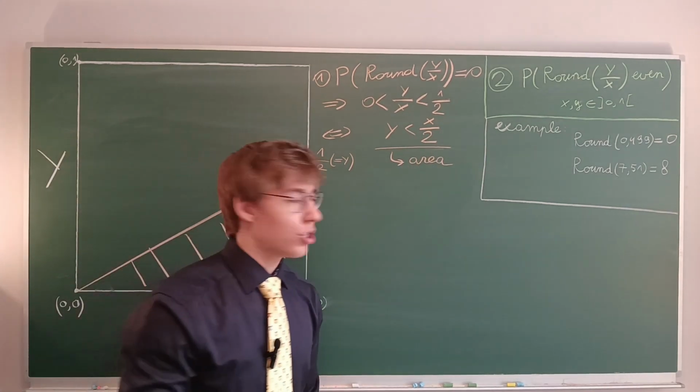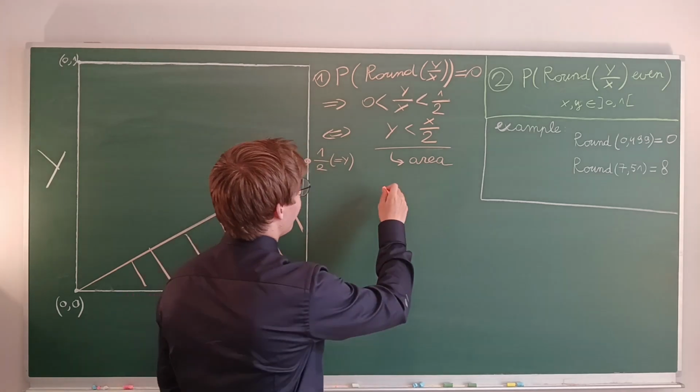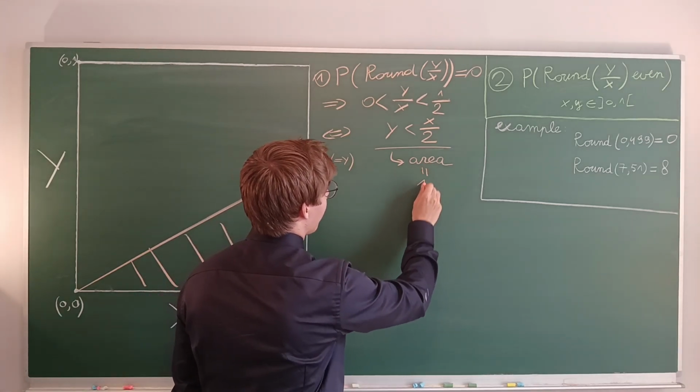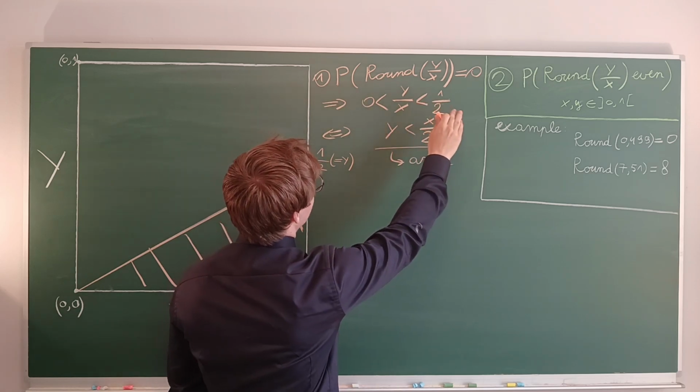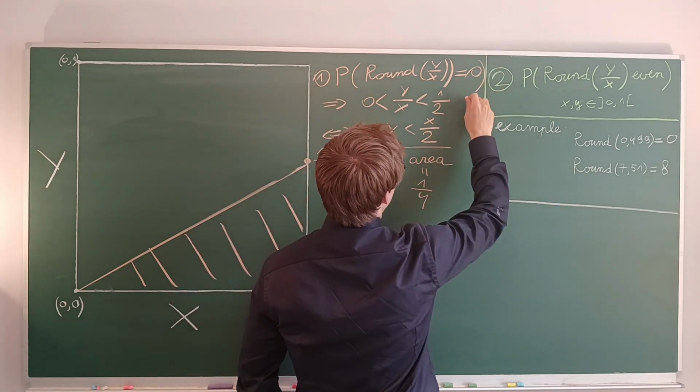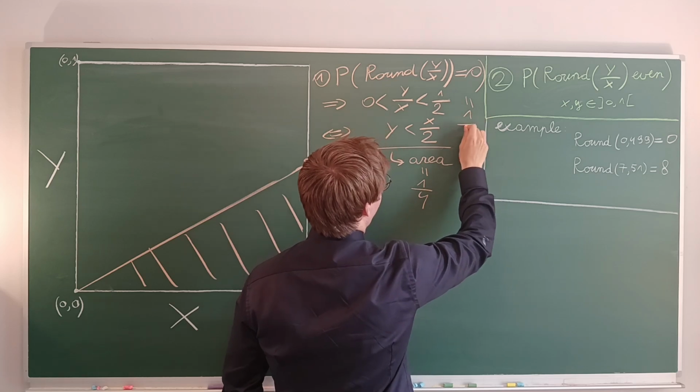Now this area is just equal to 1 over 4. So this probability is equal to 1 over 4.